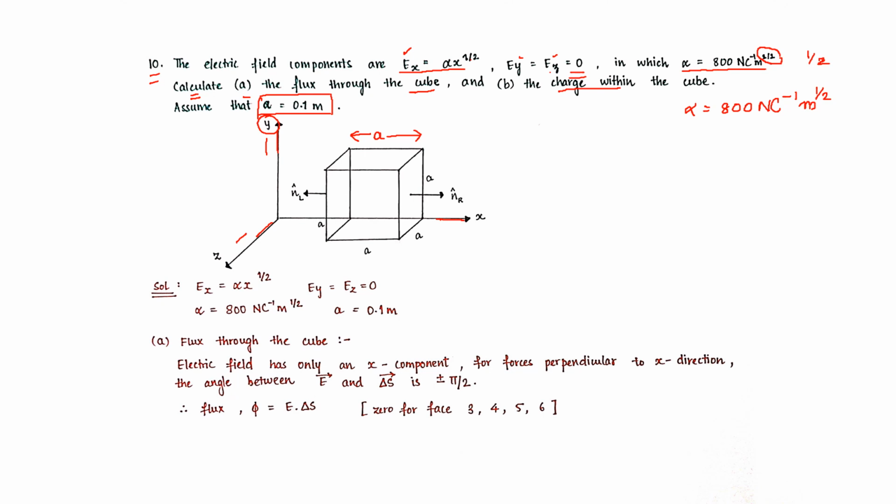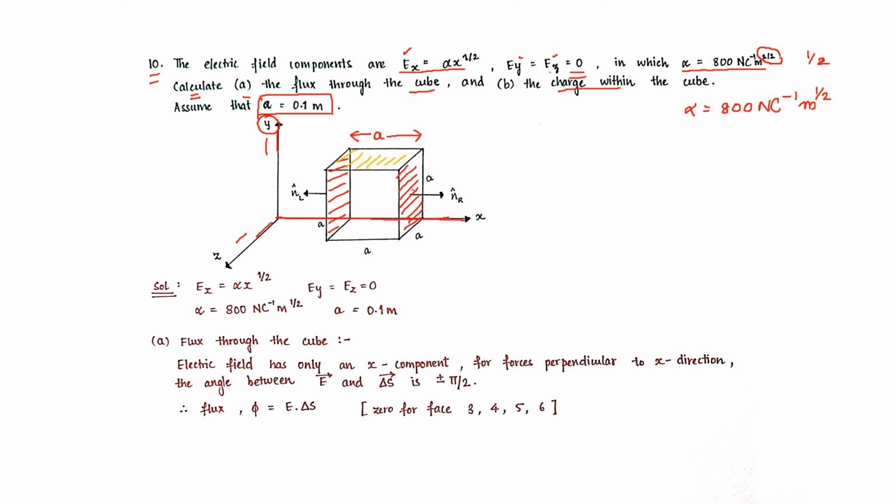This is our cube placed here in space. This is our x-axis, and the faces which are in relation with the x-axis are this face and this face.